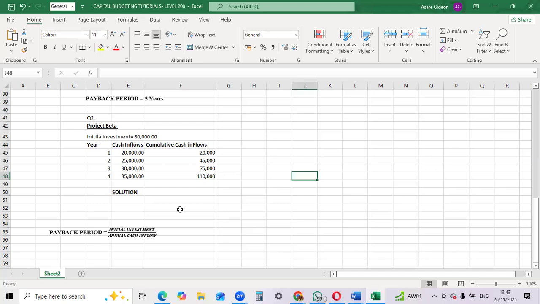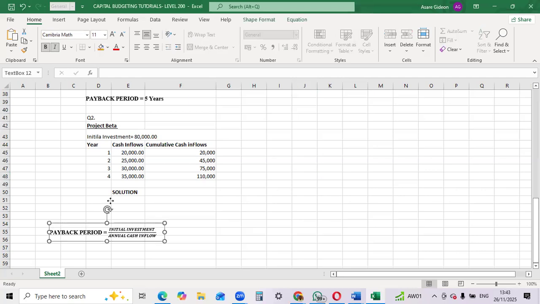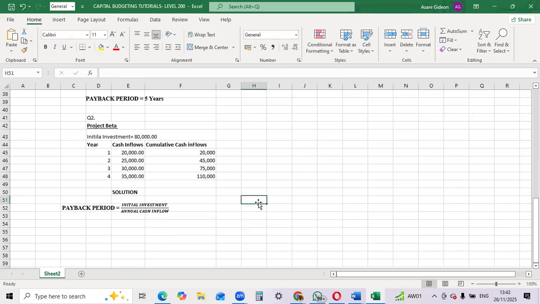Right? So that is that. So now we are looking at 80,000. Visualize that when you get to the third year, we have 75,000, but our initial cost is what? 80,000. Okay. So realize that when we come to the fourth year, we have 35,000. So it means that the 5,000 that is left is embedded in the fourth year.